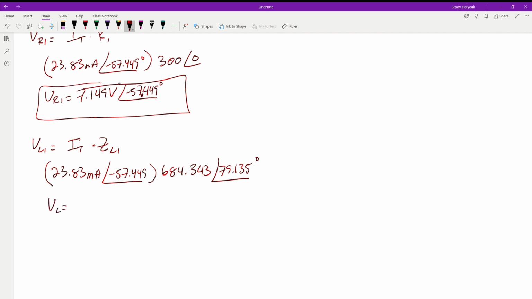The voltage drop across this is equal to 16.308 volts peak at an angle of 22.686 degrees.